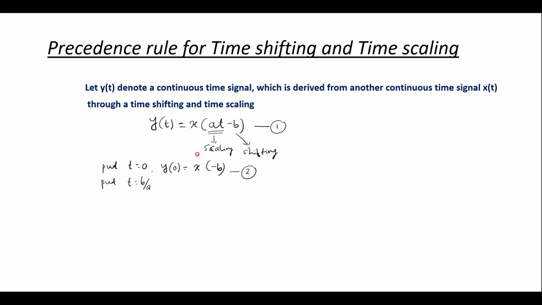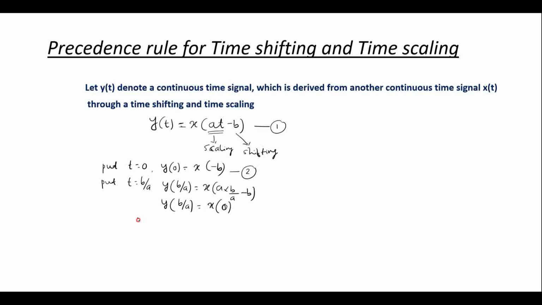In that case, we'll get y of b by a is equal to x of a into b by a minus b, which is nothing but x of 0, because a will get cancelled and b minus b is 0.